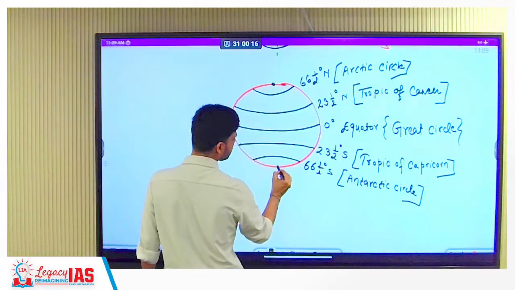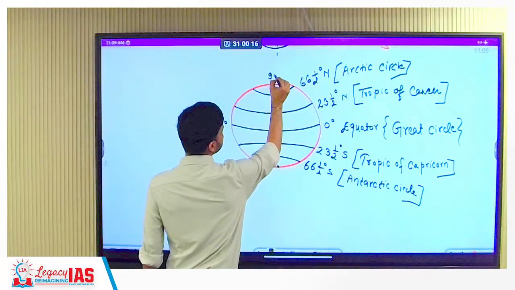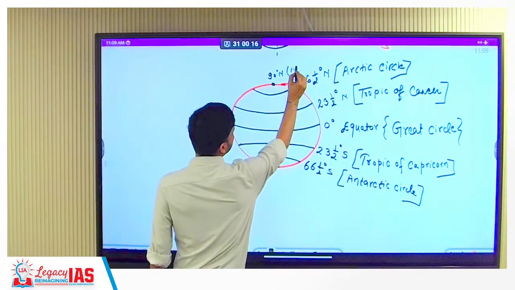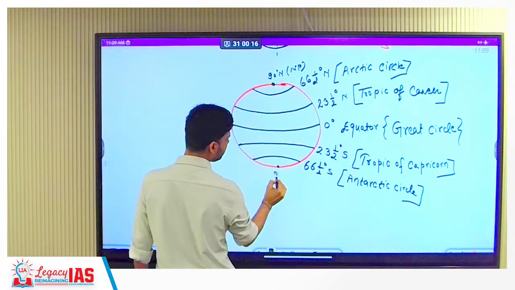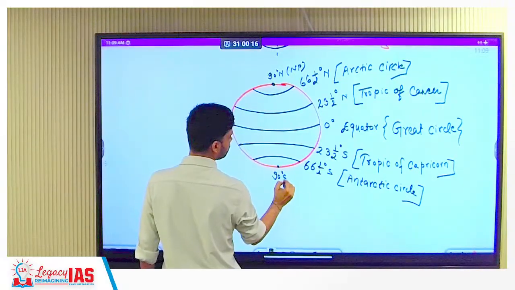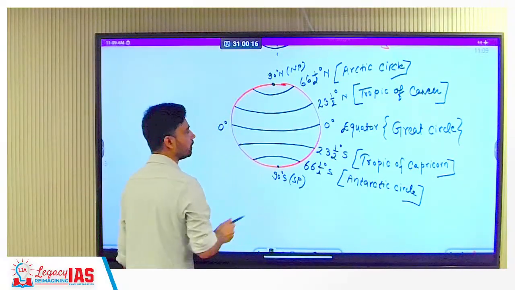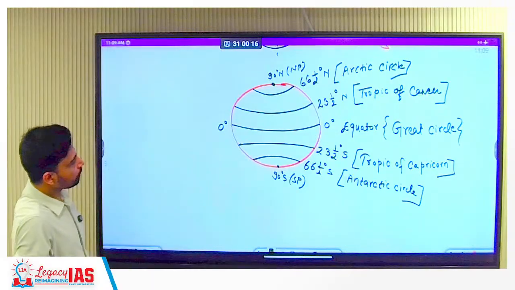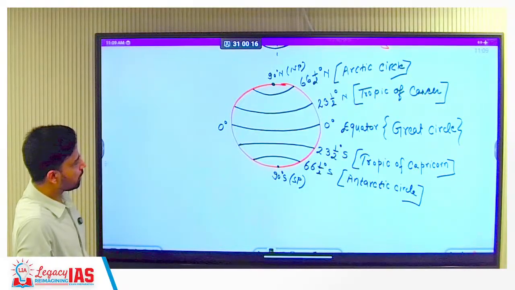And then the last points are 90 degrees north, referred to as the North Pole, and 90 degrees south, referred to as the South Pole. So equator, Tropic of Cancer, Arctic Circle, Tropic of Capricorn, Antarctic Circle.